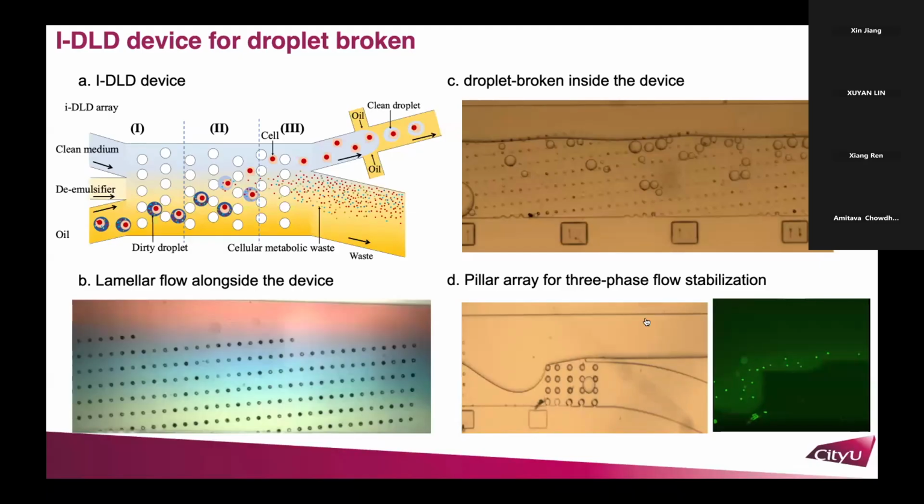And even when we label the cell with live and dead dye, we could also see a very clear trace of the cell movement.